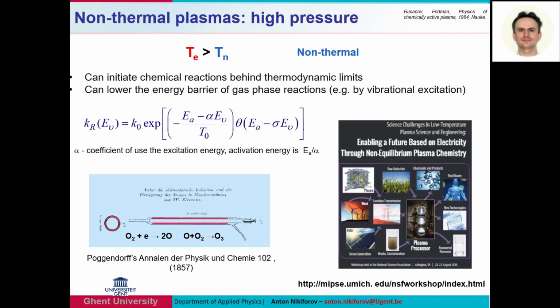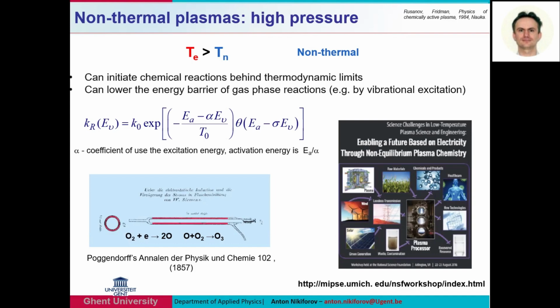What does it mean? If we look on a classical Arrhenius equation, there we will have the part of the energy which is provided by plasma, and it helps to reduce activation energy of reactions. So in principle, some reactions can be started at a very low gas temperature, and you don't need to have overheating of the gas to reach thermodynamic limit.